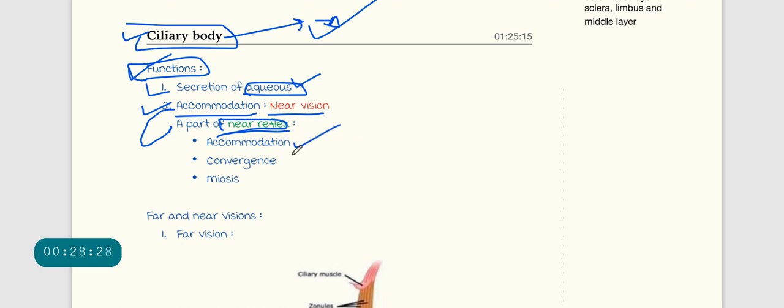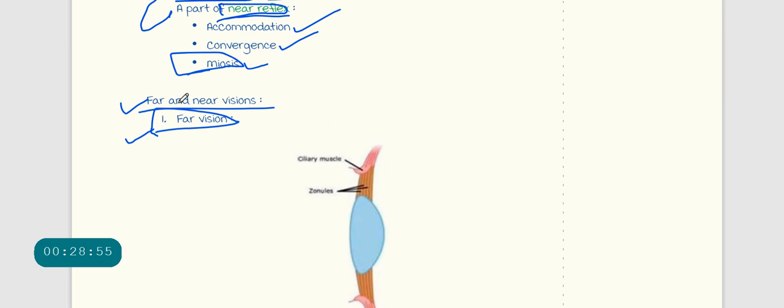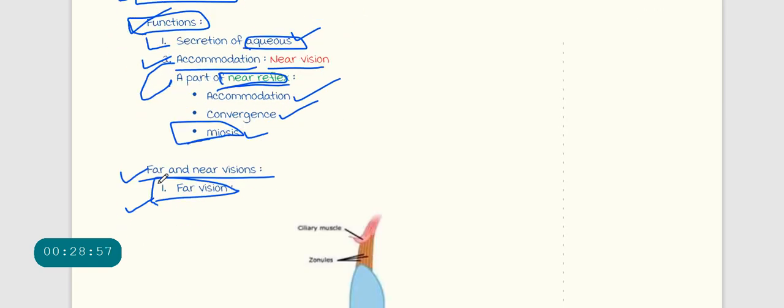Discussing far vision, what changes can you see in the ciliary body? These zones are stretched. You can clearly see these zones in this diagram; these are the muscles which are being stretched.